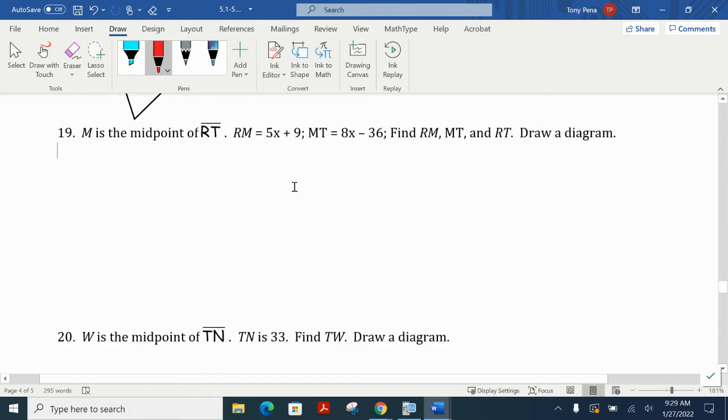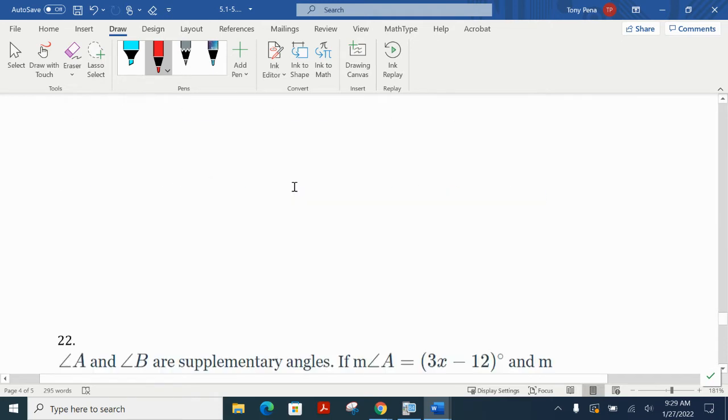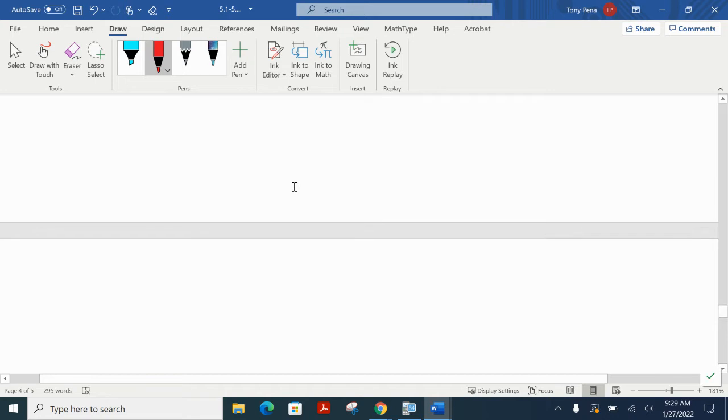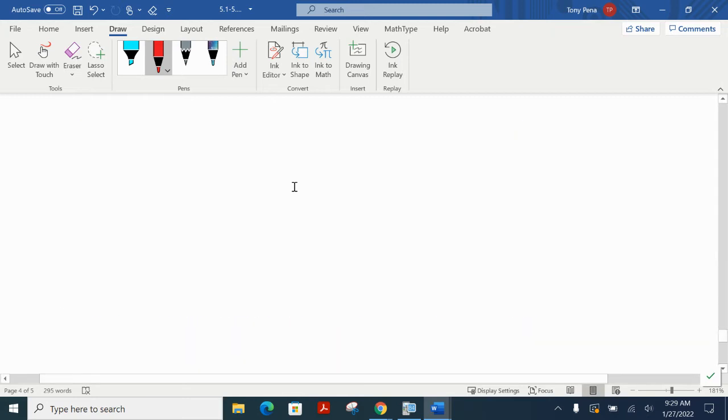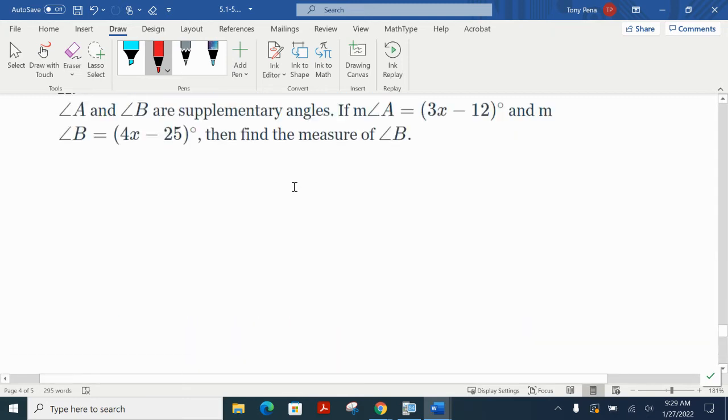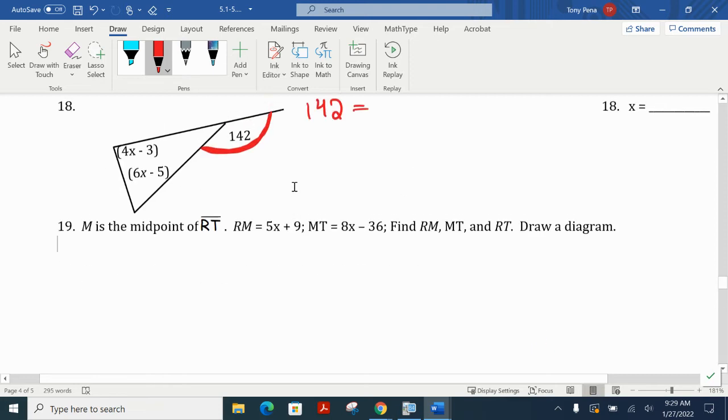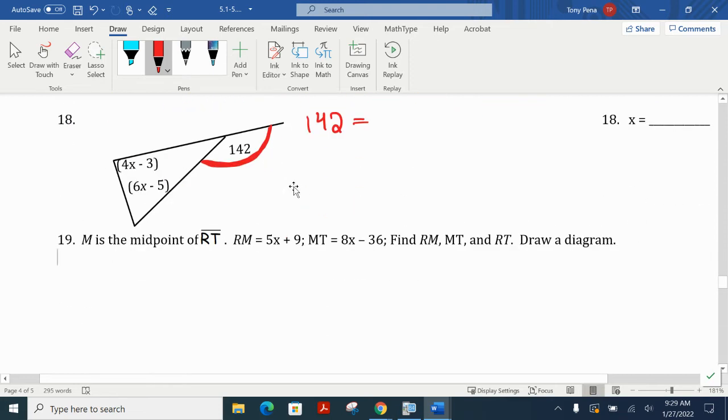All right. The nice thing is, hopefully, 19 through 22, the last 4 problems, are all fairly nice, I would hope. All right, let's see.